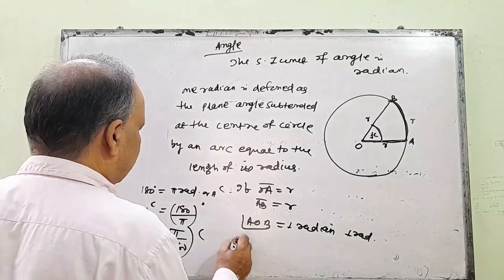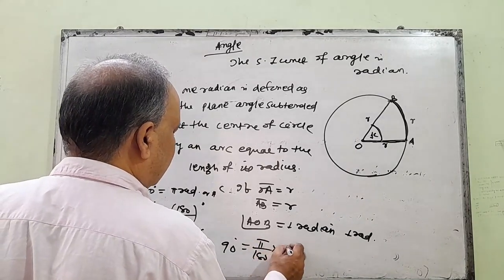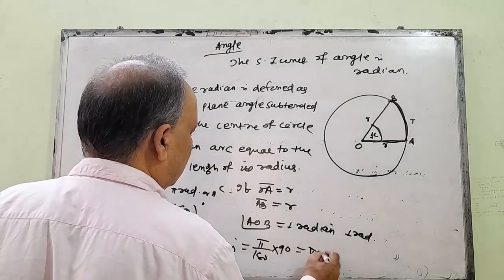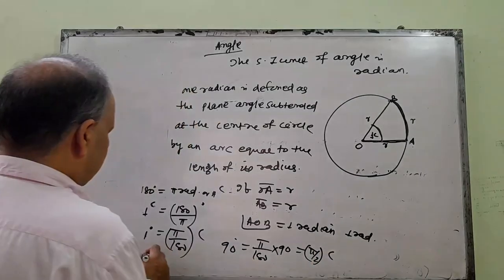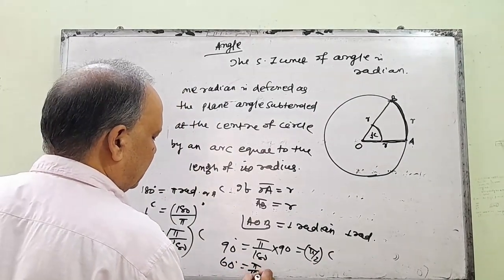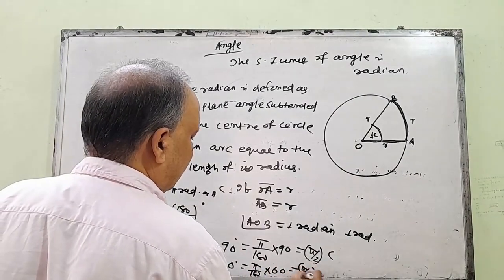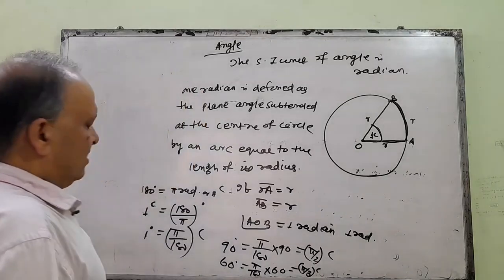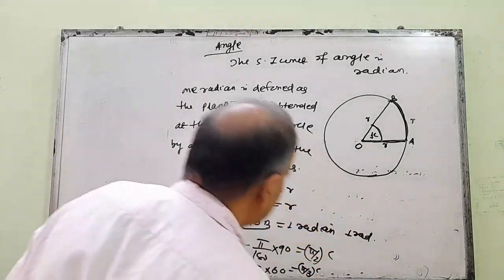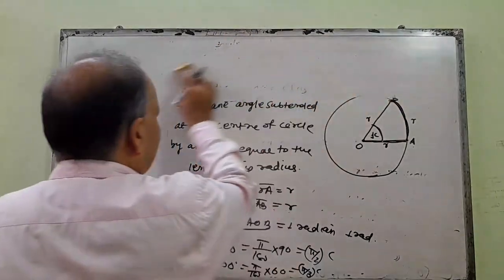So 90 degree is equal to pi by 180 into 90, that is equal to pi by 2 radian. Similarly, 60 degree is equal to pi by 180 into 60, that is equal to pi by 3 radian, and so on. This is the radian, the SI unit of plane angle.